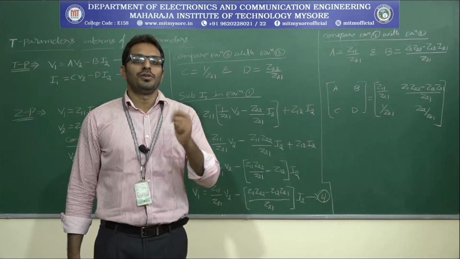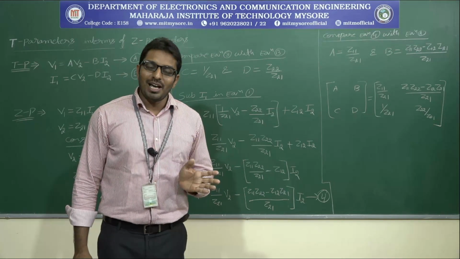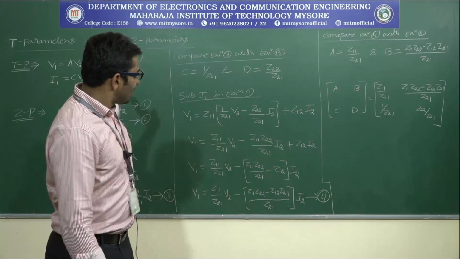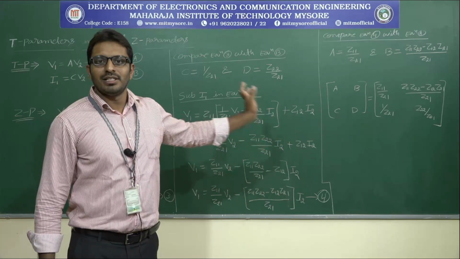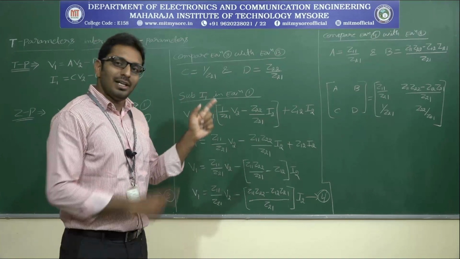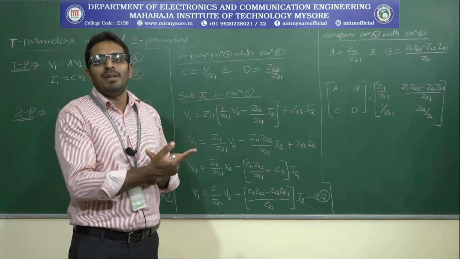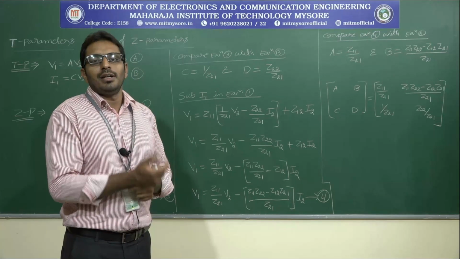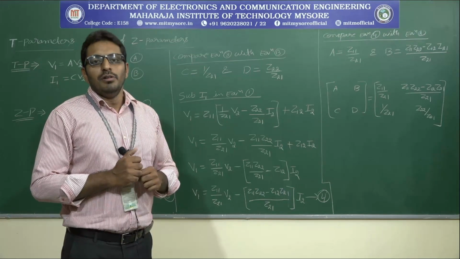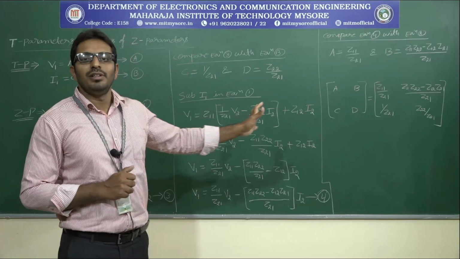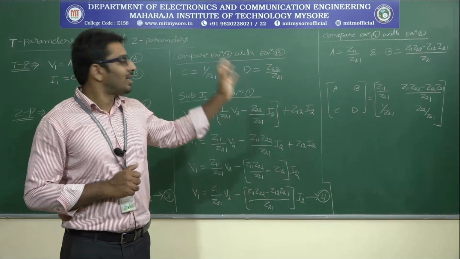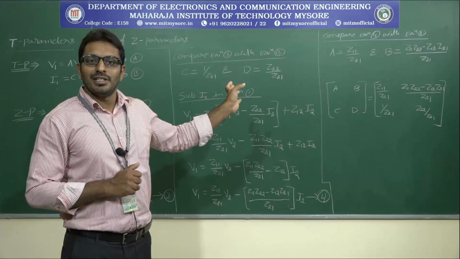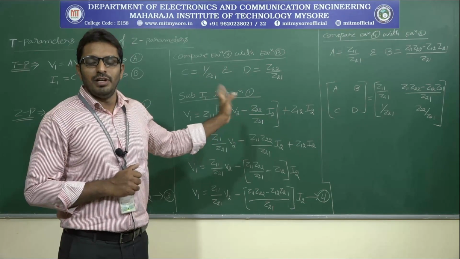So what are the next two cases? A, B, C, D parameters in terms of Y parameters. You can solve in the same, similar way. Please try this: A, B, C, D parameters in terms of Y parameters and A, B, C, D parameters in terms of H parameters. Please do it yourself. You can easily find the interrelationships. We already discussed around 8 to 9 interrelationships in the video session.